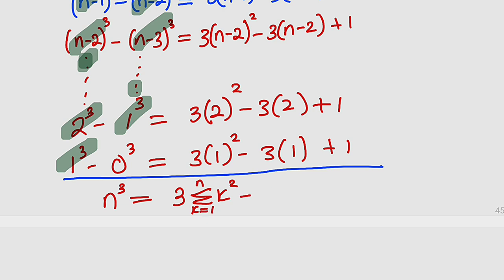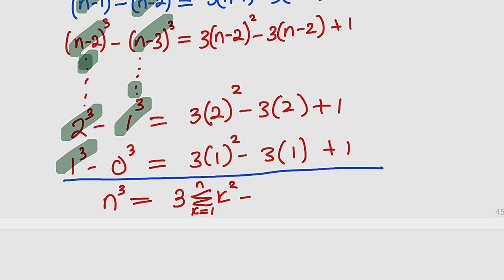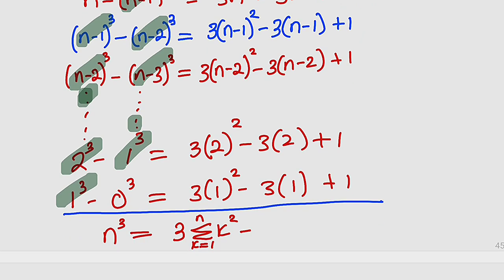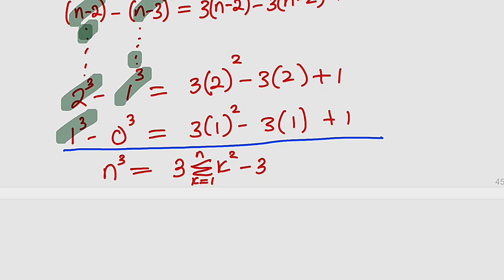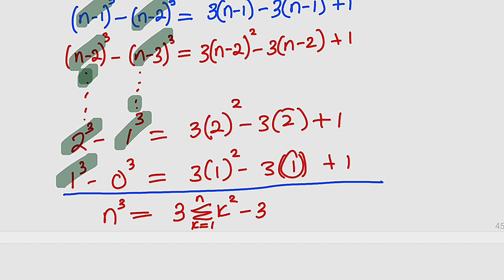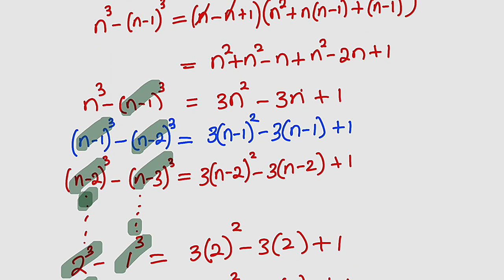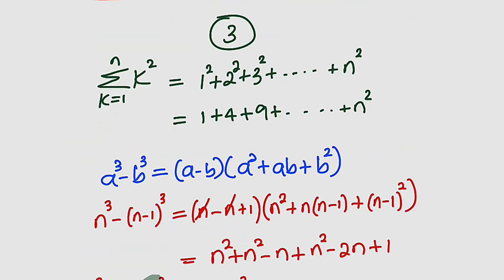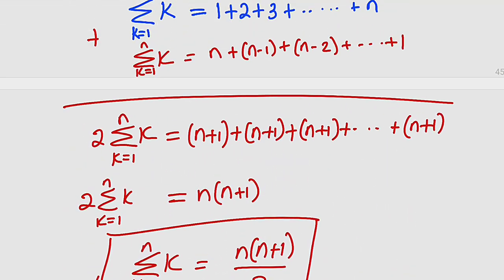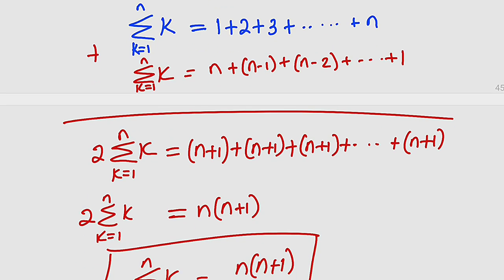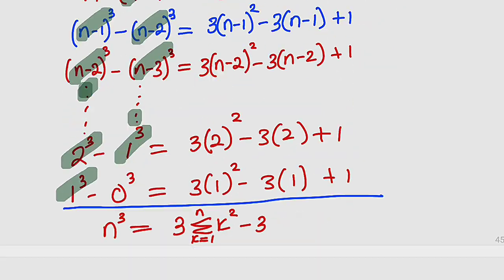The minus, because of this minus, you can see all these terms contain minus, and they have a factor of 3 as well. So we factor out the 3. So what do we have? We have 1 plus 2 plus 3 plus 4 plus 5 plus 6 plus up to n. And what is that? What can you remember about that? Just look at it here. 1 plus 2 plus 3 plus 4 up to n is the same thing as the summation of k from 1 to n.